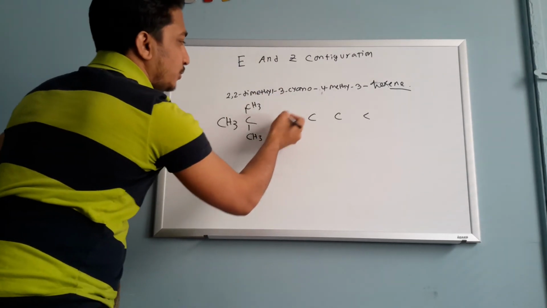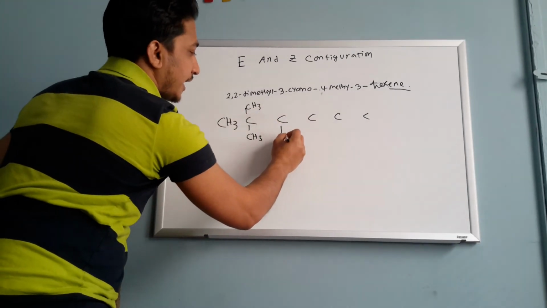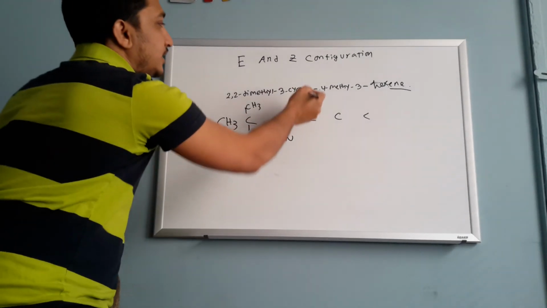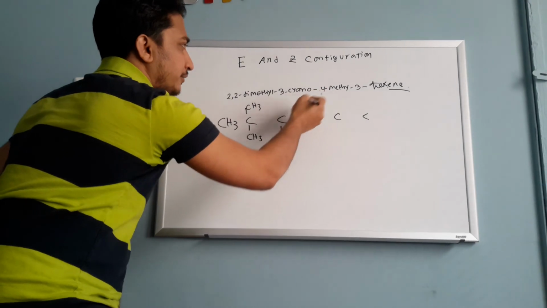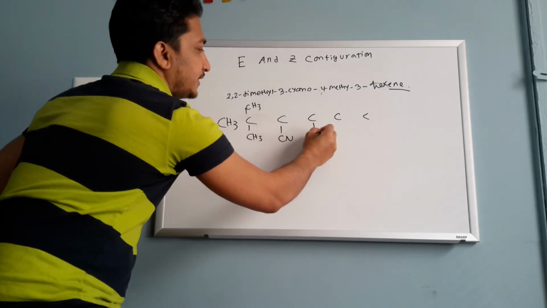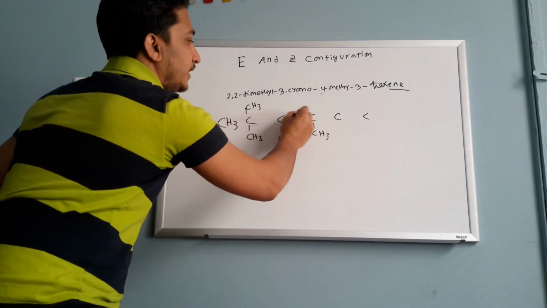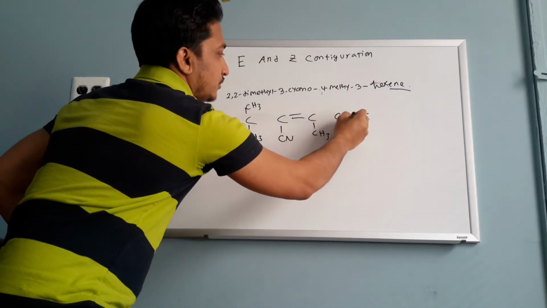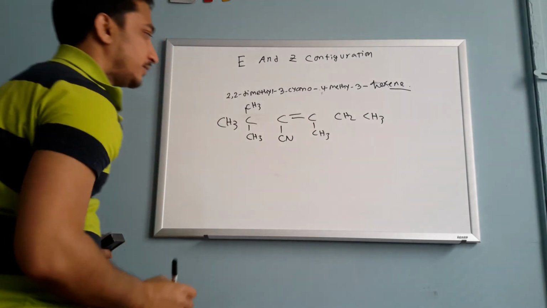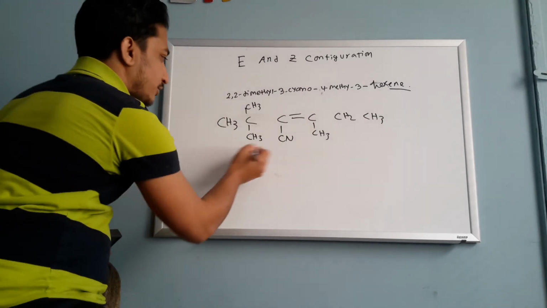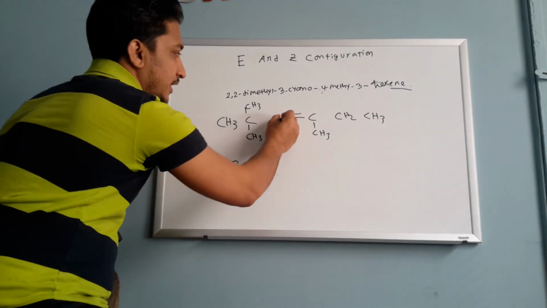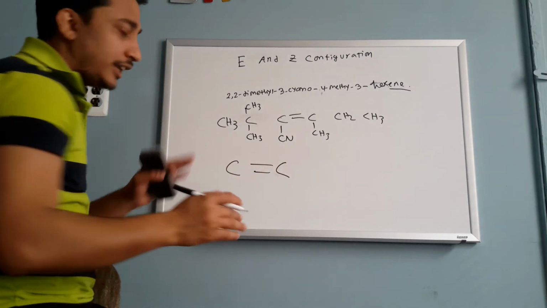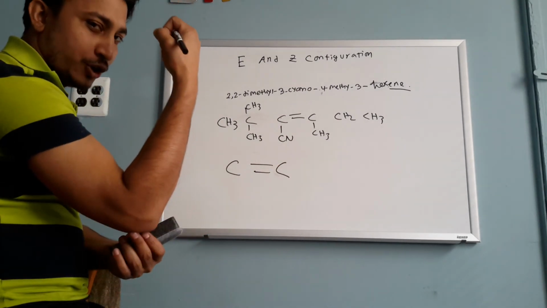It's saying number second position, number third position you have a cyano, CN. Then it's saying number 4 position you have a CH3. Number 3 position you have a double bond. Then CH2, CH3. Then make an E and Z configuration. This is my carbon. This carbon and this carbon I will write first. Then I will fill up their bonds.